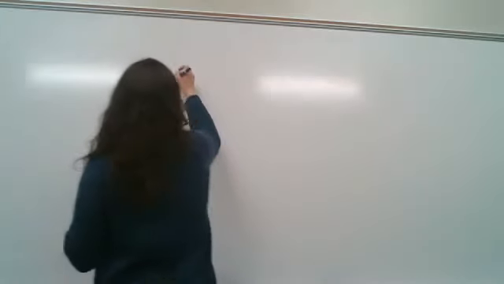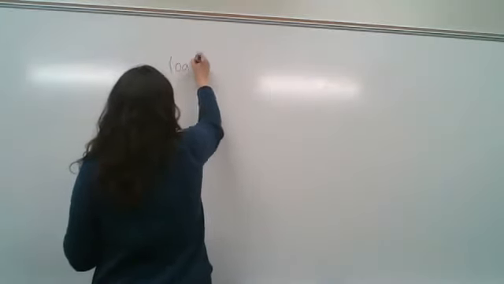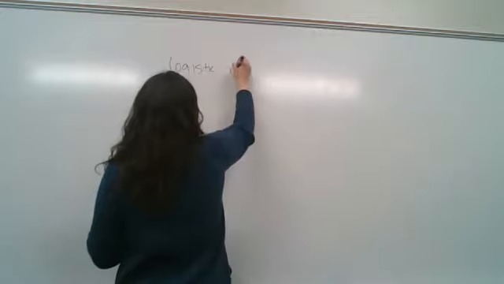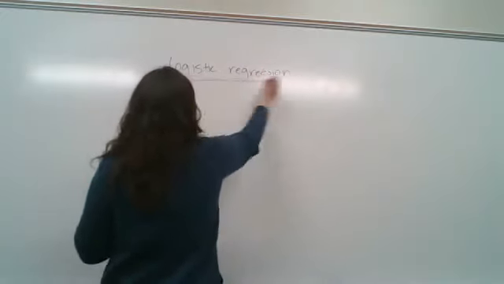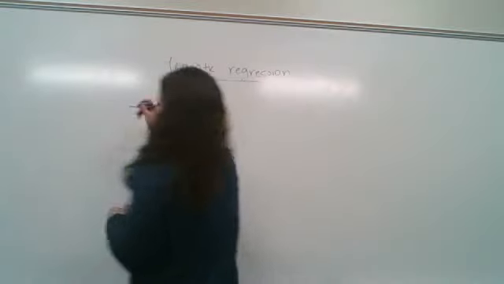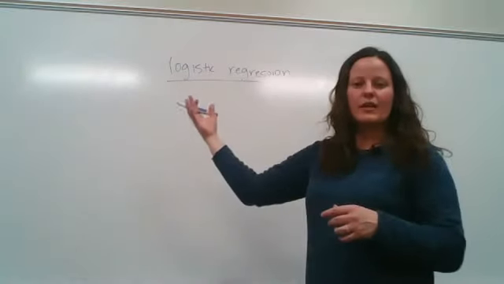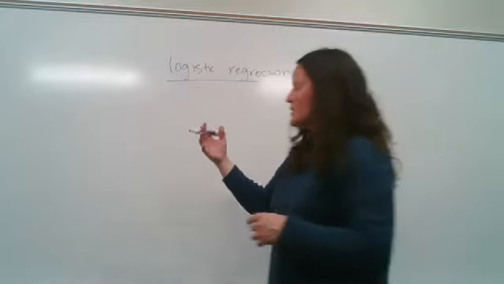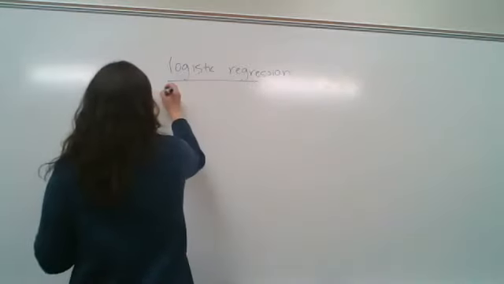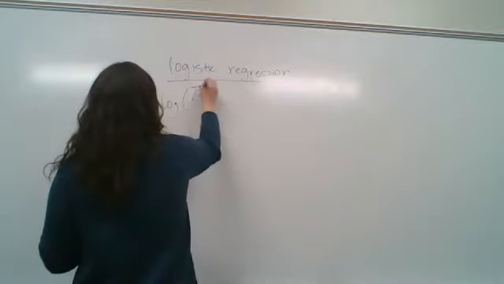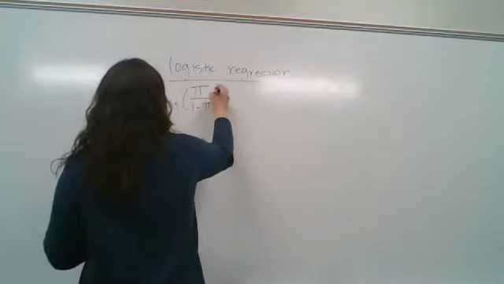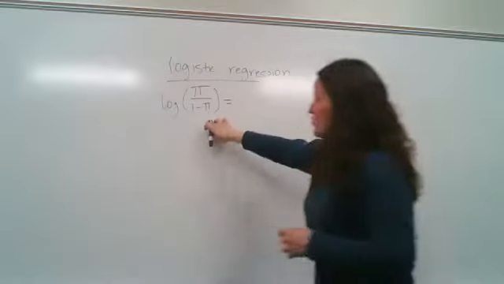So our measure here, and I'm going to go ahead and erase this whole thing now. So now logistic regression, the basic equation is, instead of the expectation of y, so we're not estimating y as a value anymore, we are instead estimating the log of pi over 1 minus pi.